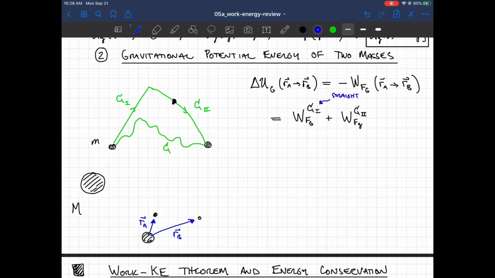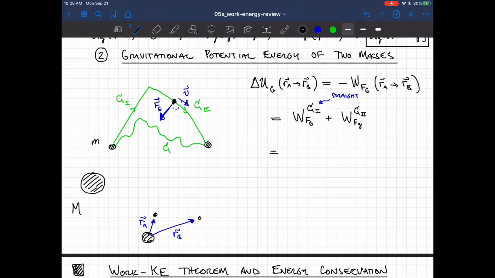In the second case, there's a force of gravity that points, it's an attractive force of gravity, so it points directly inward towards the big mass. And then our velocity vector points along the path, so those two things are perpendicular.